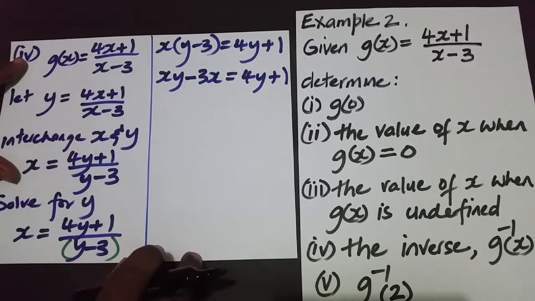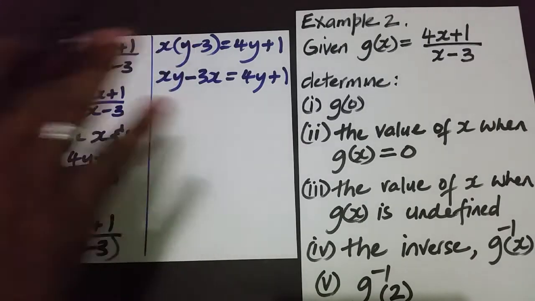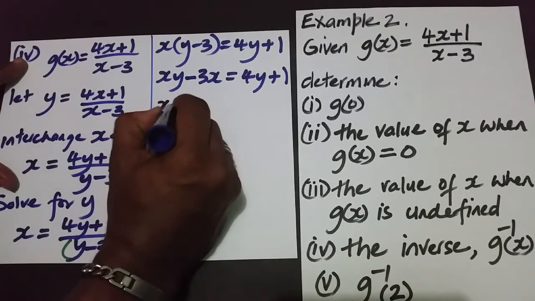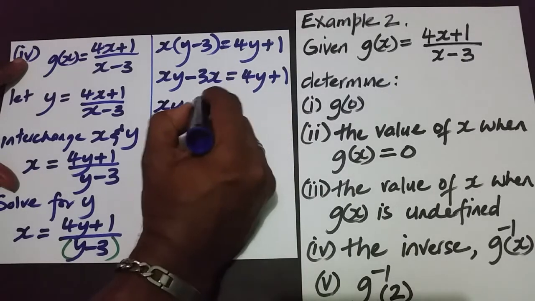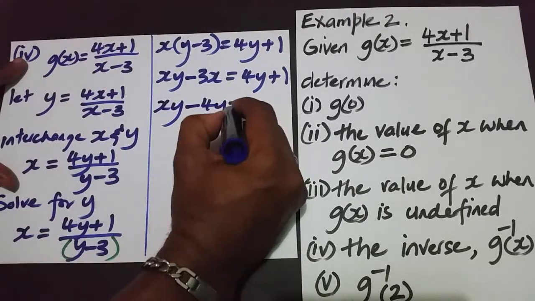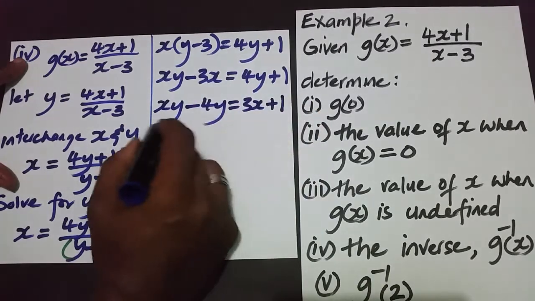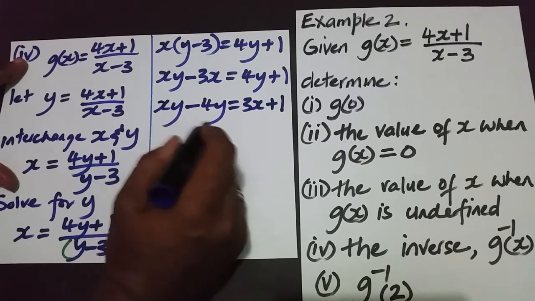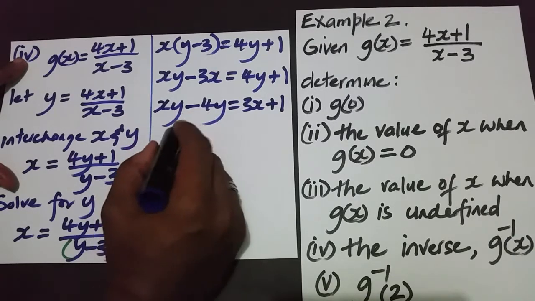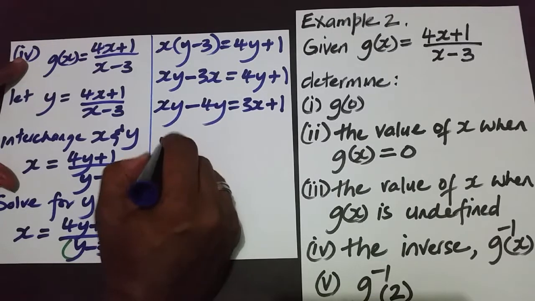So I essentially want all the terms with y on one side and all the other terms on the other side. So xy, this is positive 4y, it becomes negative 4y. This is minus 3x, I'm carrying it over. It becomes positive 3x. And I'm now going to factorize the side that has the y's in it. So what is common in the two terms, xy and negative 4y, is y.